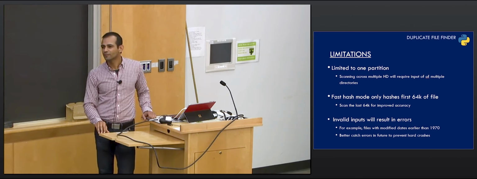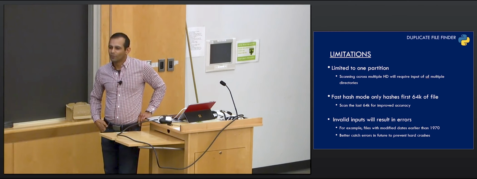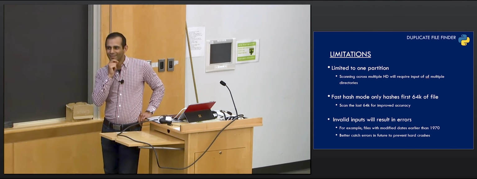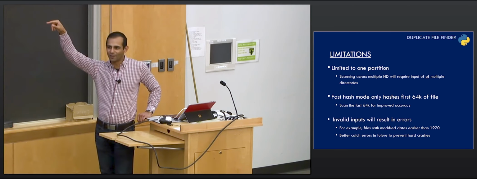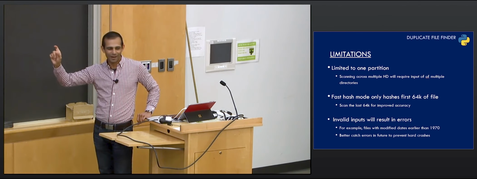What would be the benefit of hashing the last 64K of the file as opposed to the first 64K? I'm curious about that. I have an idea about it. For me, I found 4 BMP files in there. Those 4 BMP files were actually different, and the first 64K were the same.